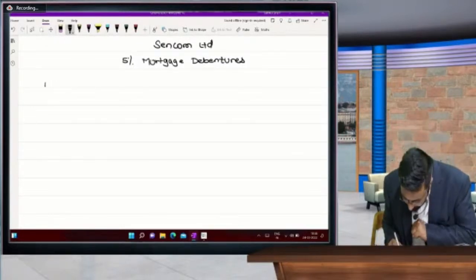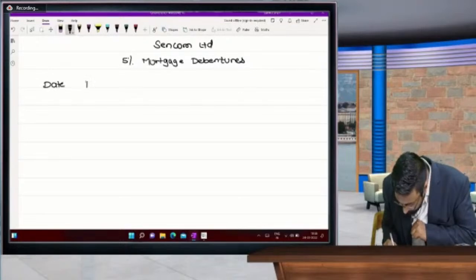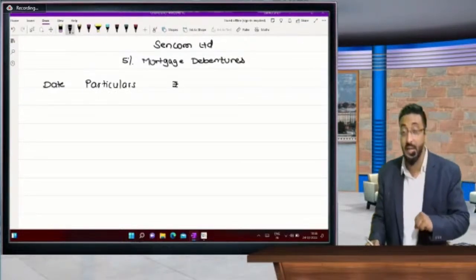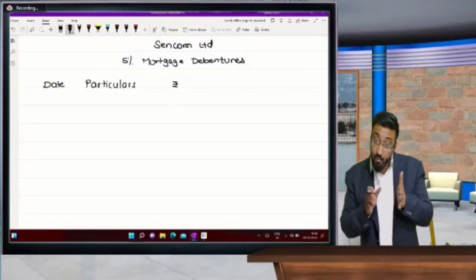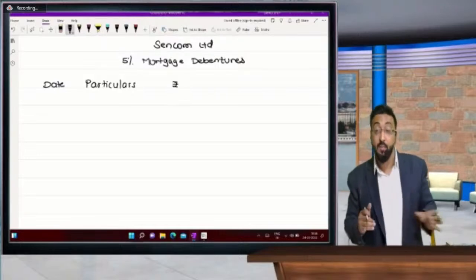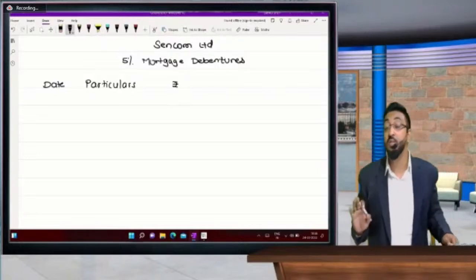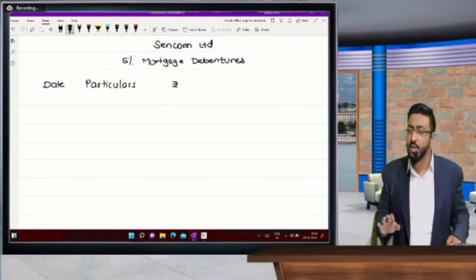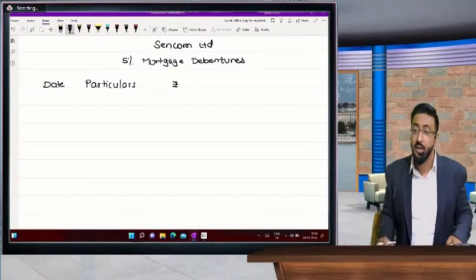Prepare columns: date, particulars, and only a rupees column, because here we will prepare own debentures in yesterday's format. In yesterday's question own debentures was not asked, here specifically own debentures is asked. So same question but using a separate method, different presentation.